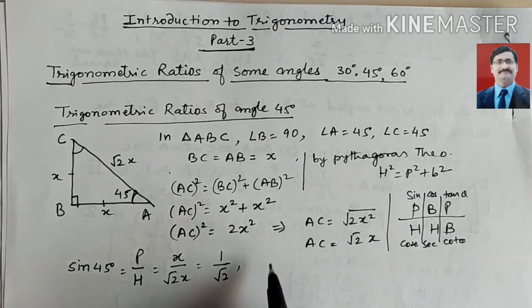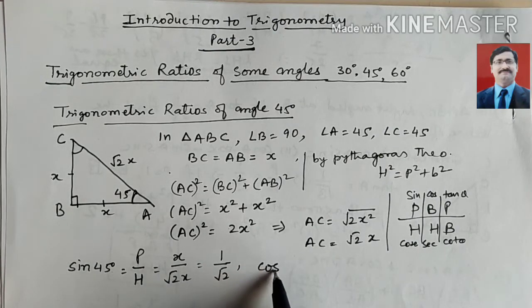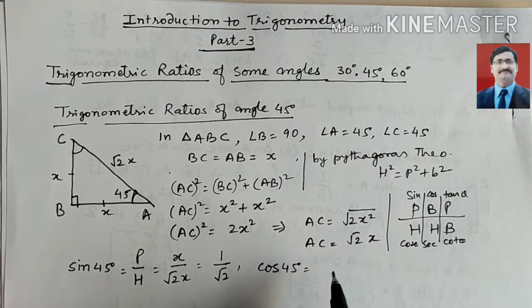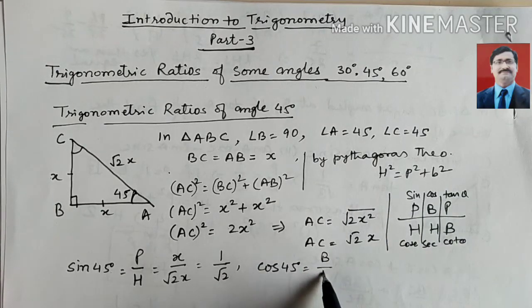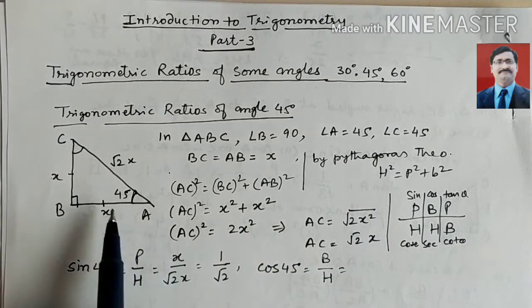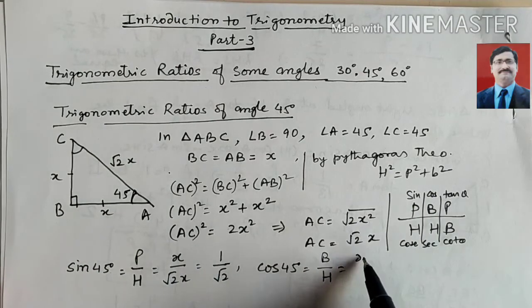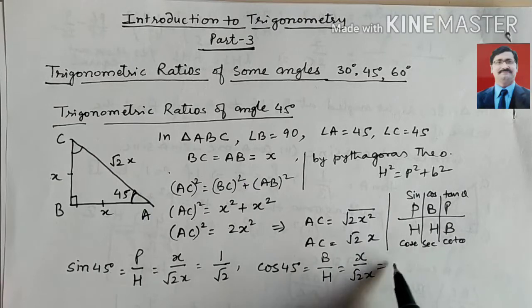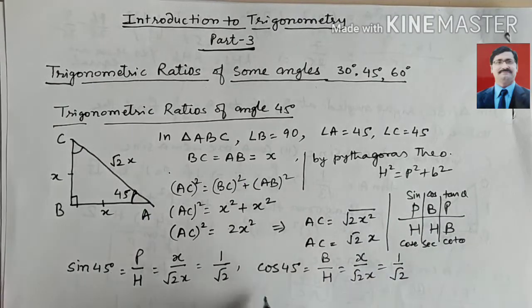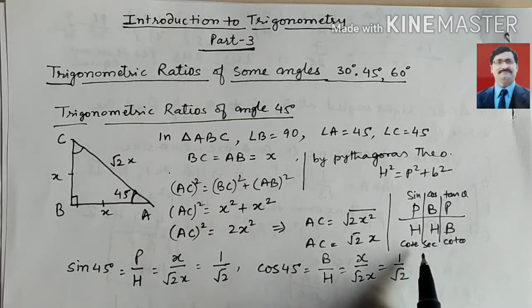Similarly we find cos 45 degrees. Cos is base upon hypotenuse. Base is X, and hypotenuse is root 2 X. So X you can cancel, and cos 45 also we get 1 upon root 2.